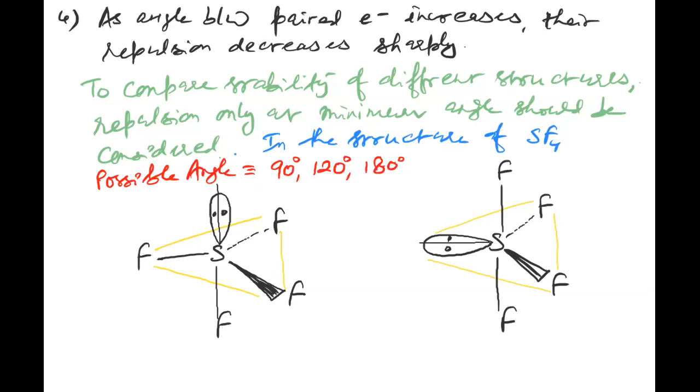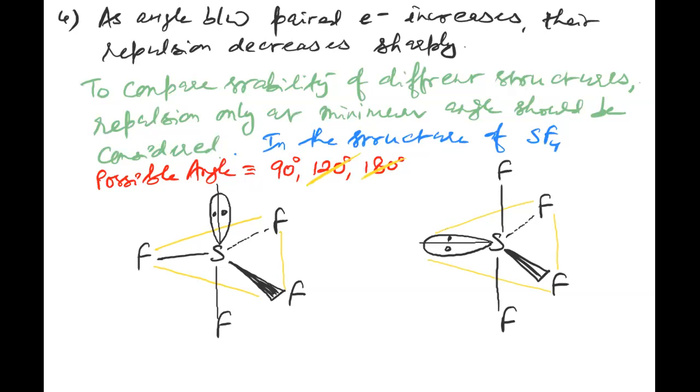To compare their stability, we should compare the repulsion only at 90 degrees, as repulsion at 180 degrees is non-significant in comparison to 90 degrees. So we just compare the repulsion at 90 degrees.